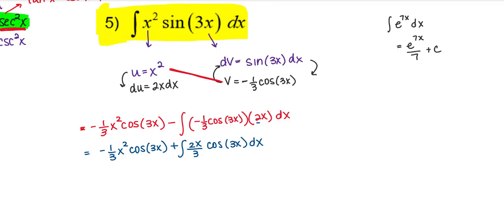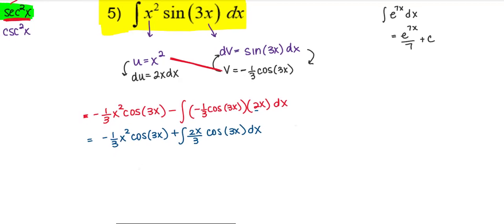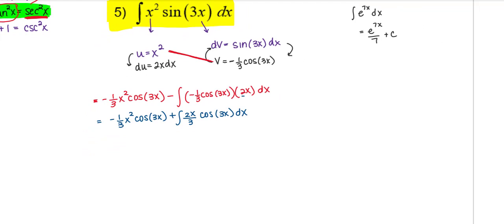And that I should be able to integrate. So I'll do it one more time. I'm going to make u still be the algebraic piece, so it's 2/3 x or 2x over 3, however you prefer to write it. So your dv has to be the rest of that integrand, which is cosine 3x dx.